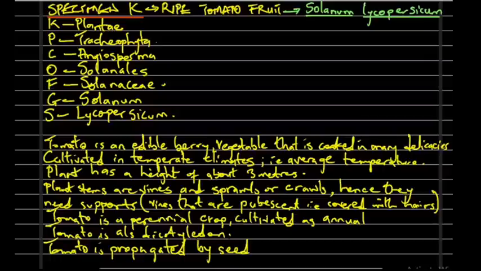Okay, let me put that here. Propagated by seeds from mature fruits, and then you must slightly ferment them. The fermentation is to help remove the gelatinous outer coating, and then the seeds are dried before use.